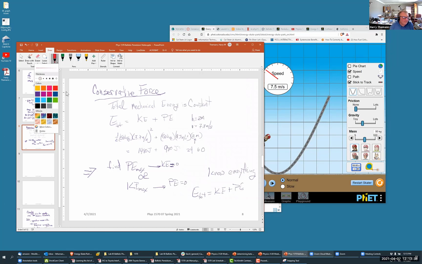If we prepare a system, so we put the girl at a certain height, because we want to have no external force except gravity.